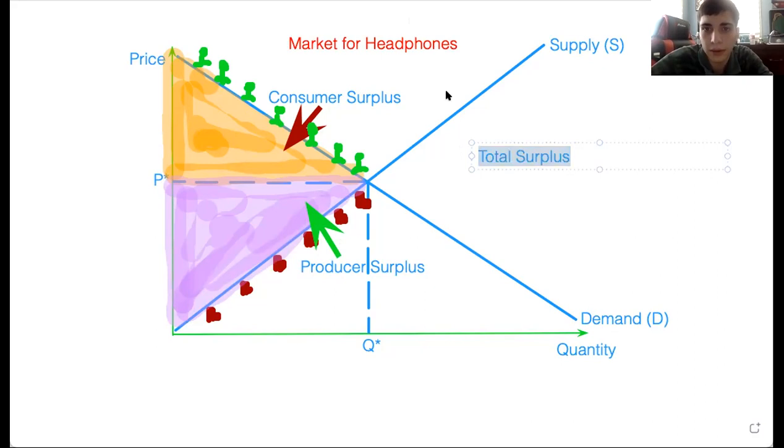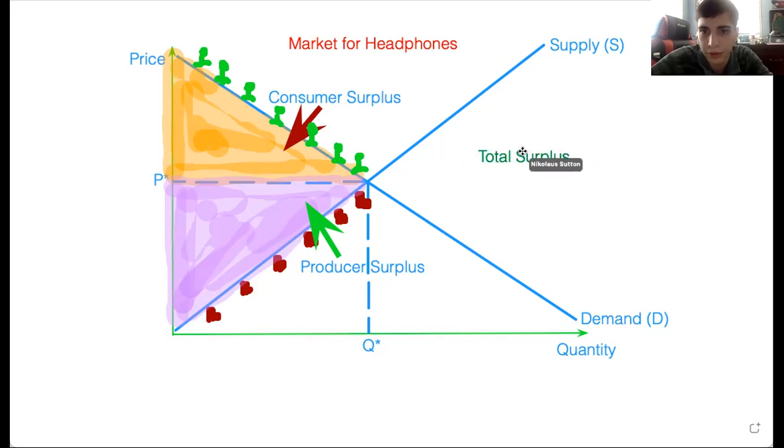I'm trying to find something that's a little different that you can still see. We've already used red. We'll go with the dark green for this one probably. So total surplus.